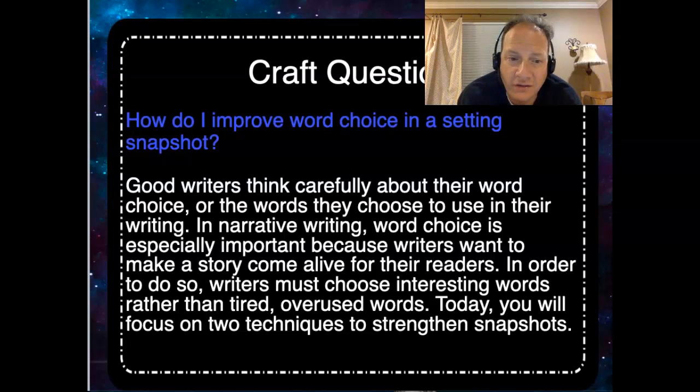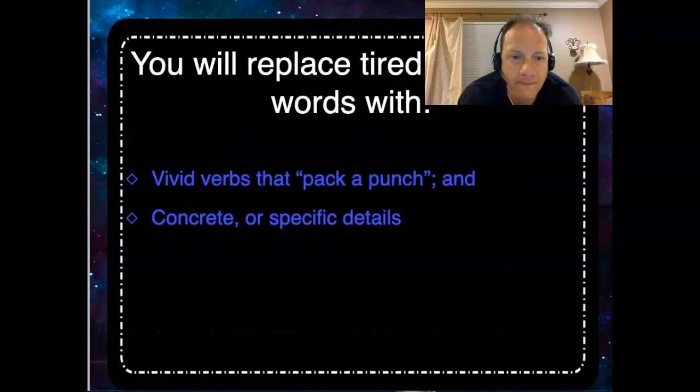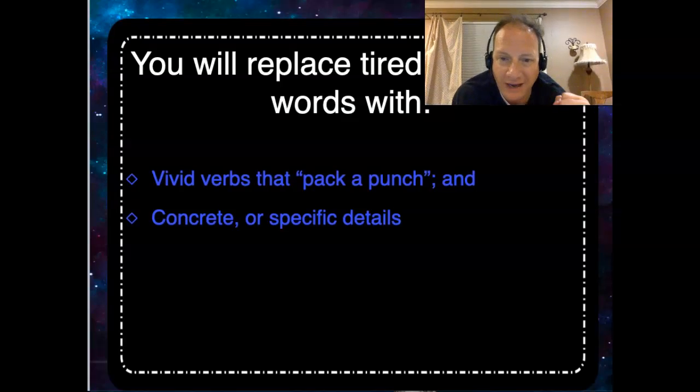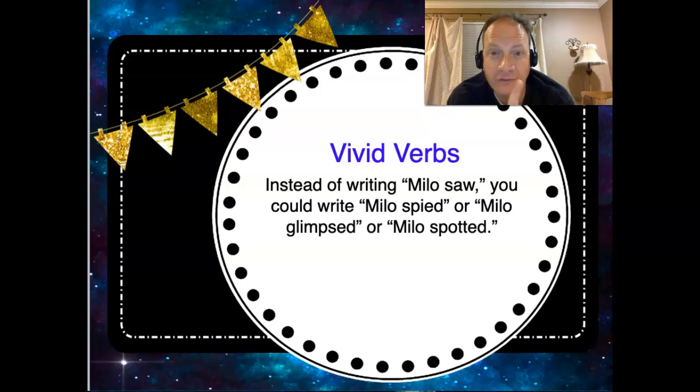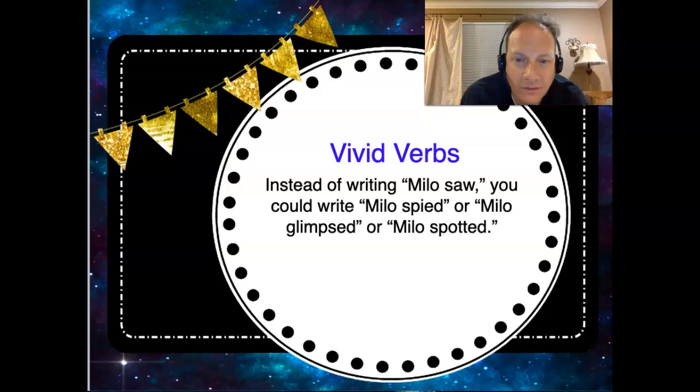So today, you're going to focus on two techniques to strengthen snapshots. You're going to replace tired, overused words with vivid verbs that pack a punch, and use concrete, specific details. Instead of writing Milo saw, you could say Milo spied, or Milo glimpsed, or Milo spotted.